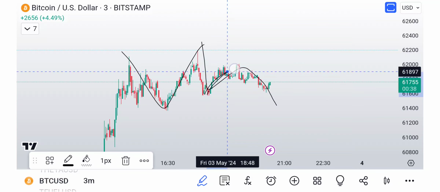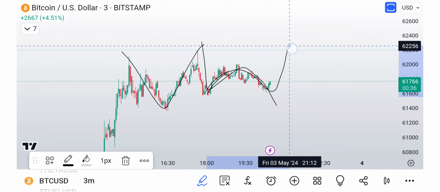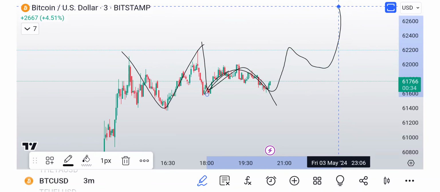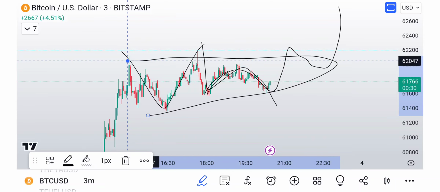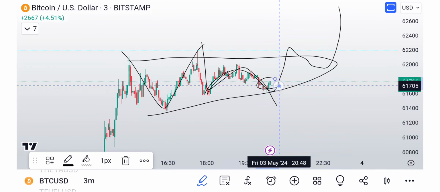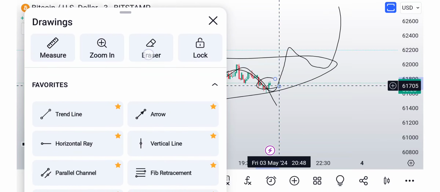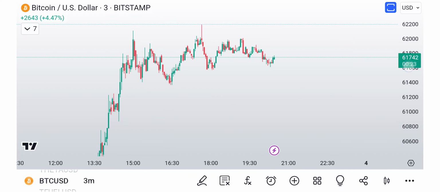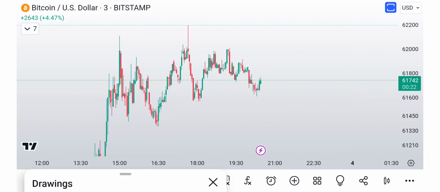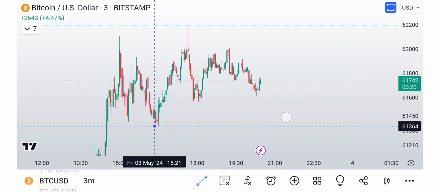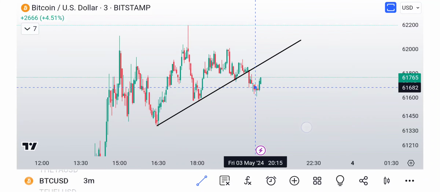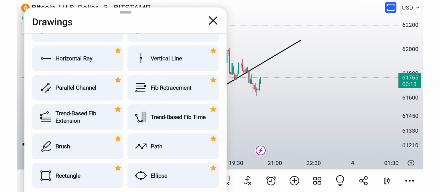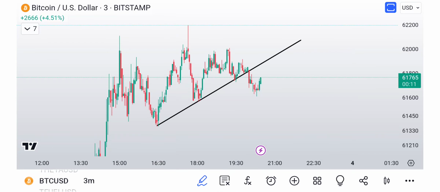But if this is a 1, 2 and we start to break out of here, then it'll look pretty good, kind of like an ascending triangle type of look. So, I mean, we're going to pump here. We'll see how that plays out. Did we break the trend line? Yeah, we broke it. So there's the trend line. We broke it to the downside. So what's probably happening is by the time you watch this video, it's already going to be played out.